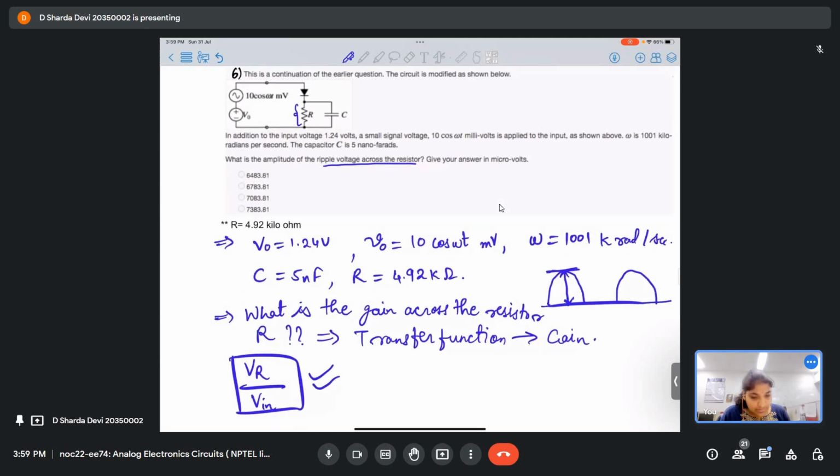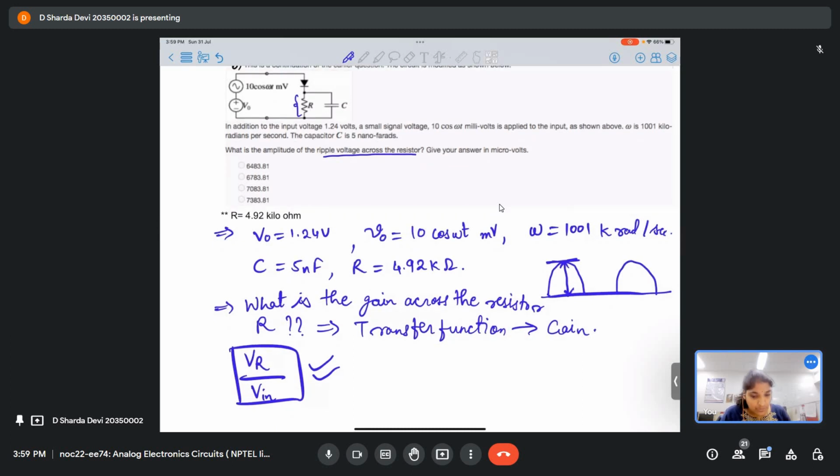So let's replace this diode with a resistor. For a transfer function, we need impedance based circuits, right? So we'll convert this whole circuit into an impedance based circuit. If I simplify this circuit, it will look somewhat like this.